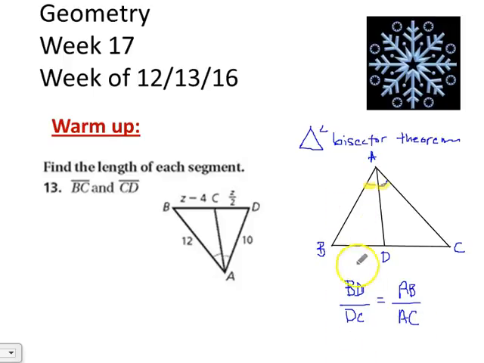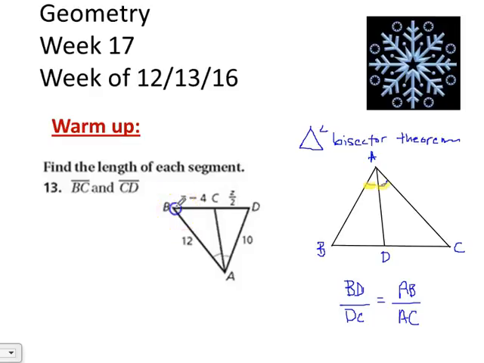So what I did there is set up a proportion. Again, I'm taking this side length at the bottom of the triangle, the base side, setting it over this base side, and then setting it equal to, going back to the triangle on the right, AB over AC. So we can use that to help us with this triangle.